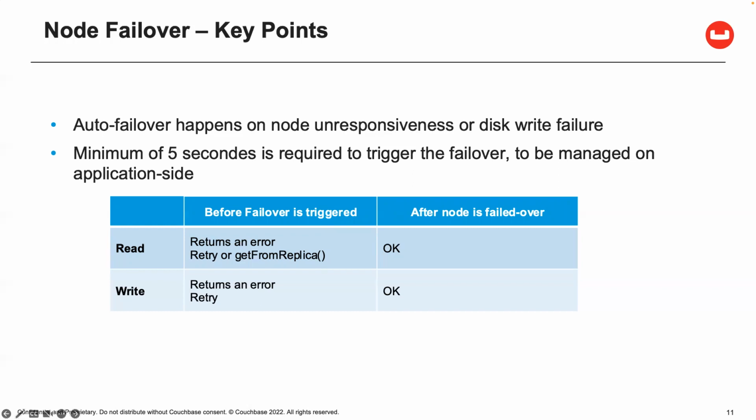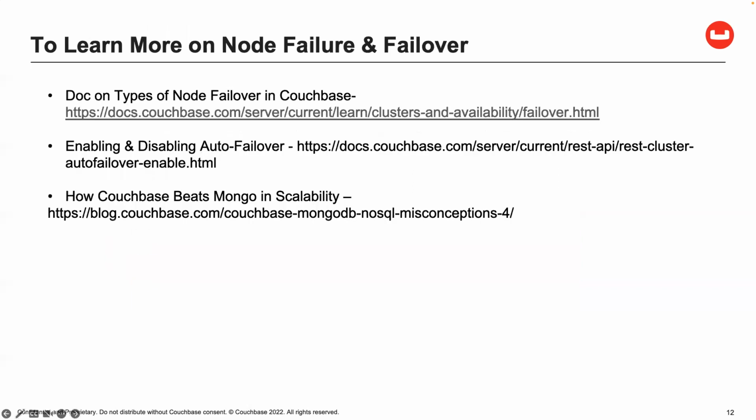If you would like to read more about this topic, then I encourage you to take a look at some of this documentation on the types of failover, which is basically automatic and manual, and then how to enable or disable automatic failover. And then there's a great blog post on how this is a myth about Couchbase and how we really do beat the pants off Mongo on scalability just with this feature alone.